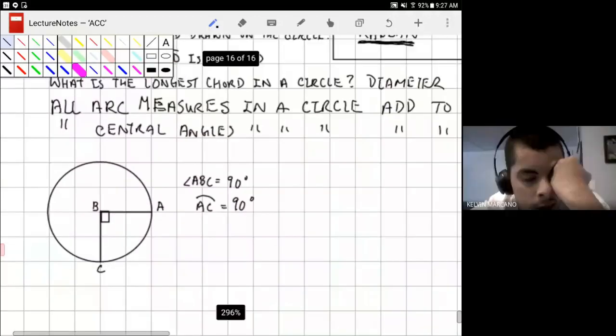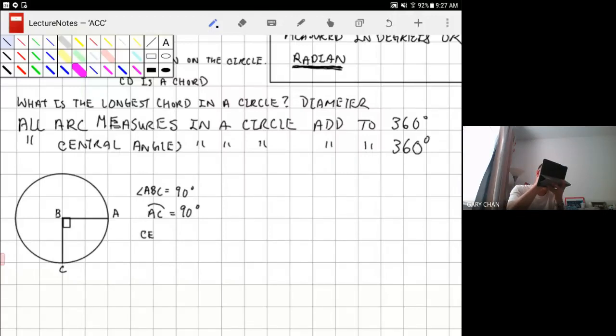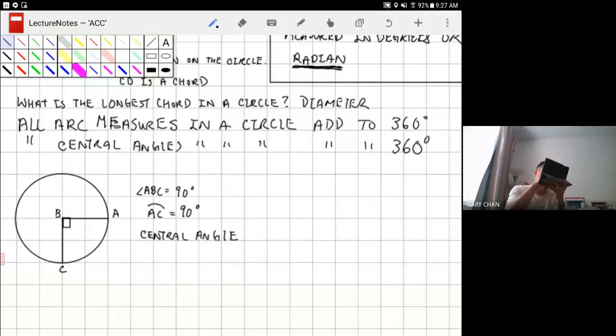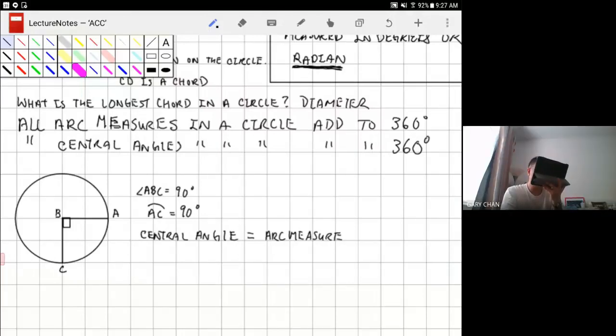All arc measures add up to 360, and all central angles add up to 360. But what I'm trying to get at right now is, is the central angle equal to the arc measure? It's equal. That's what I'm trying to get across. So the central angle and the arc measure are the same. This idea is important.